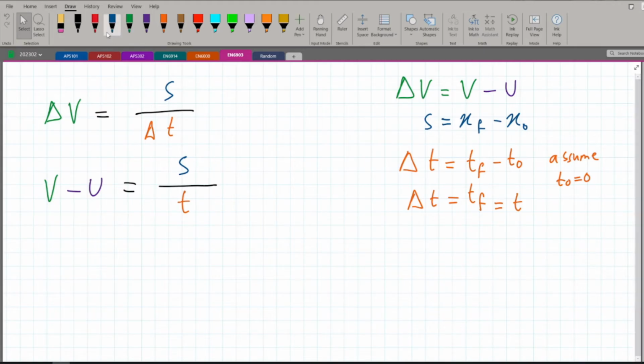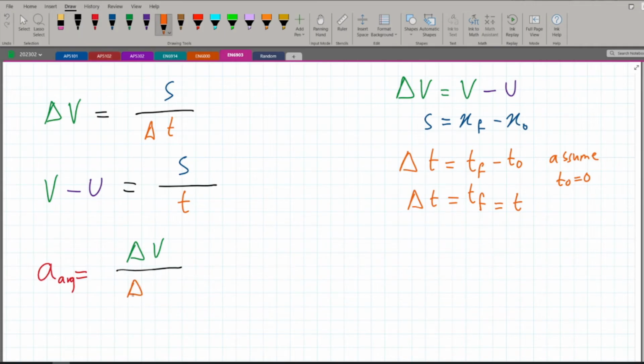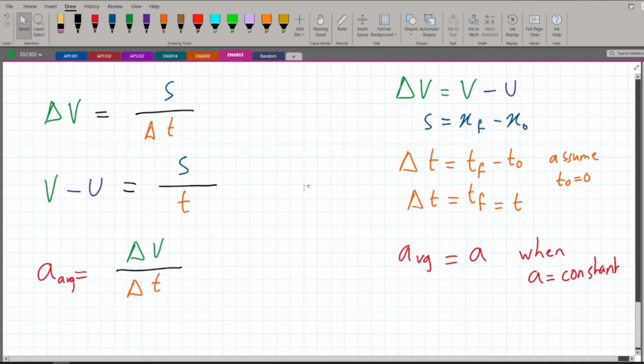Let's do the same thing now for acceleration. We know that average acceleration is also equal to the acceleration if acceleration is constant. So average acceleration is going to be equal to the change of velocity over the change of time. We have already mentioned what the change of velocity and change of time are. Average acceleration is going to be equal to acceleration when a is a constant, and in most cases our acceleration will be constant.